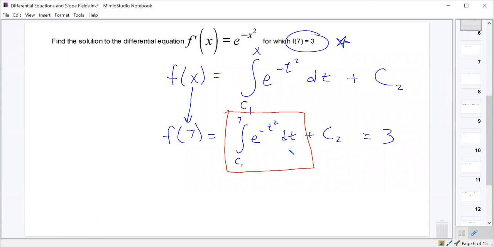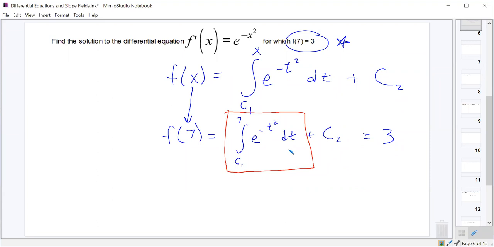Think back to your rules for integrals, not the power rule and the rule for integrating cosine, but those basic rules I gave you, where you could pull a constant out and you could separate it into two different ones if you had addition of the integral. And like the integral from a to b plus the integral from b to c is equal to the integral from a to c.